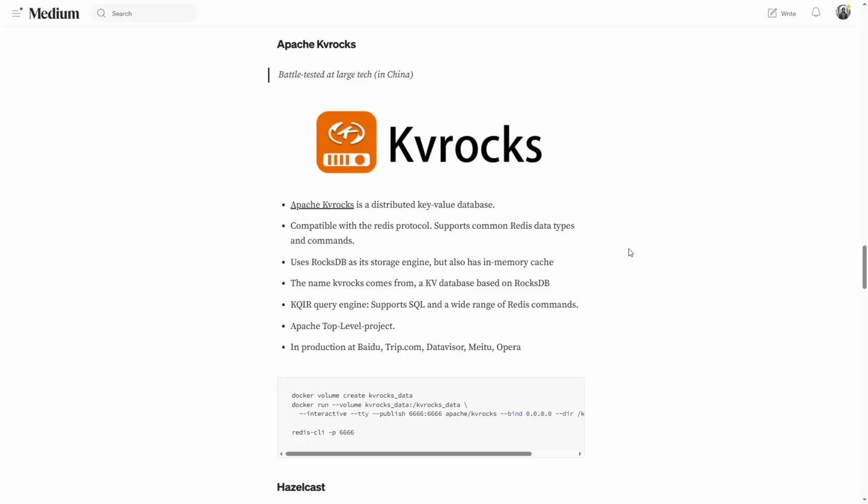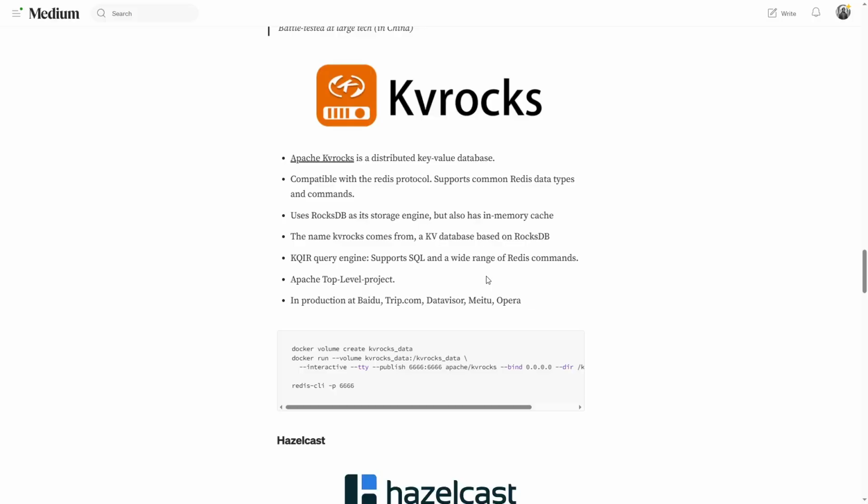Apache KVRocks, again, is a key value store that is an Apache project, and it gives a distributed key value database. It has compatibility with the Redis protocol and supports common Redis data types as well. It uses RocksDB as its storage engine, but has an in-memory cache as well. So it can be used in place of Redis if we can tolerate slightly relaxed latency numbers.